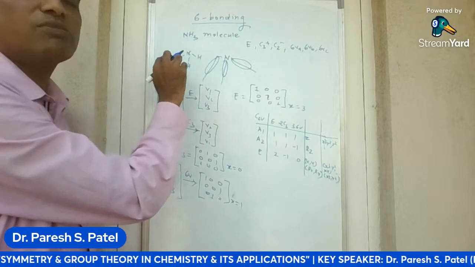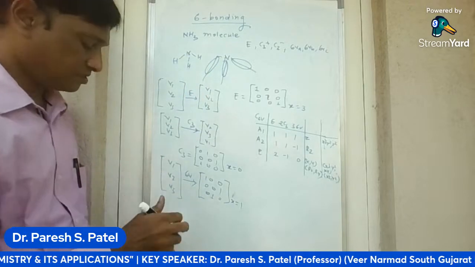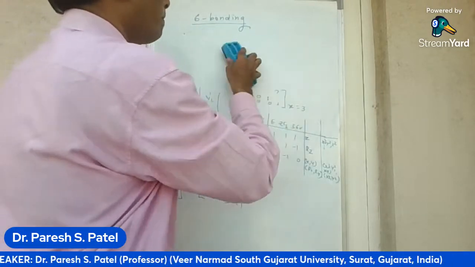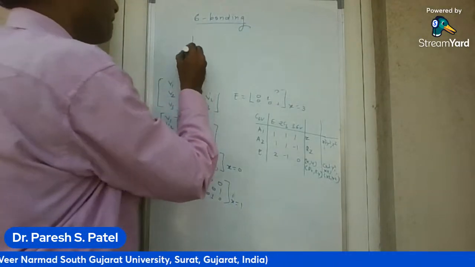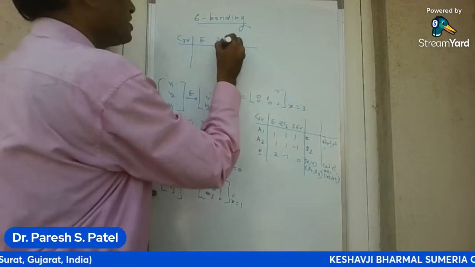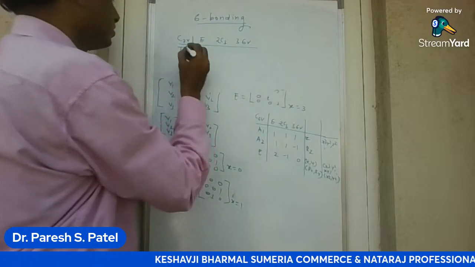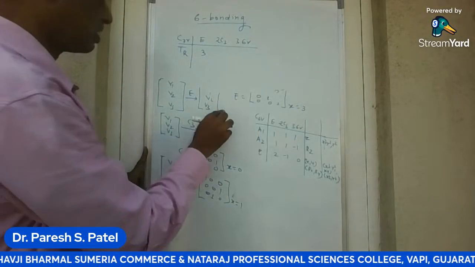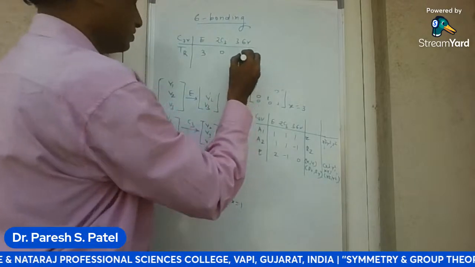Consider all the sigma bonds in the form of vectors, and then find the changes. For C3v: E, 2C3, 3σv, the representation is three dimensional, with characters 3, 0, and 1.